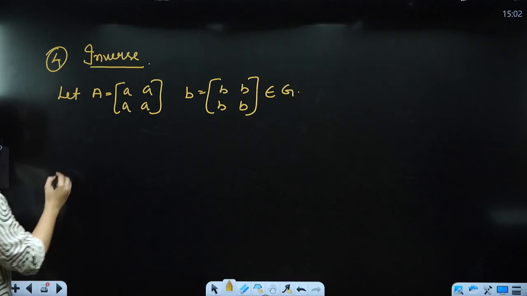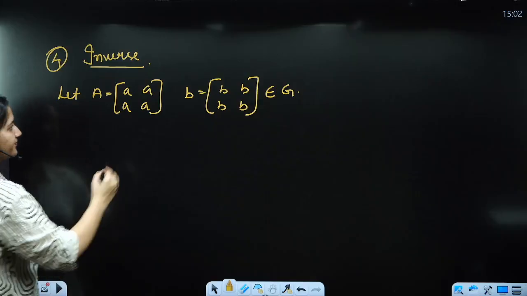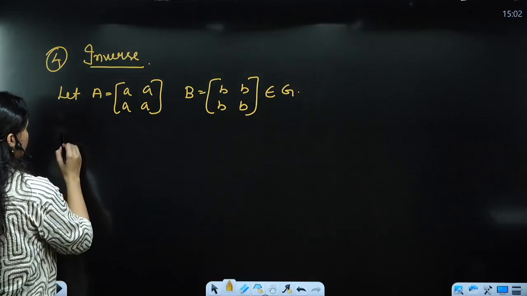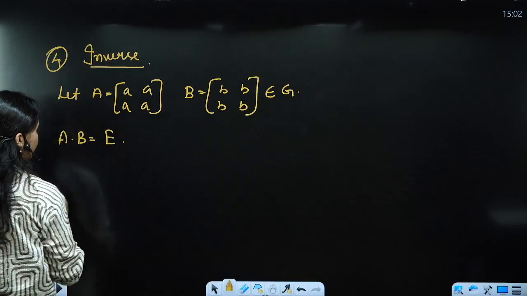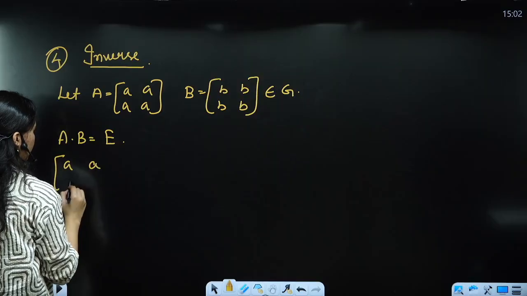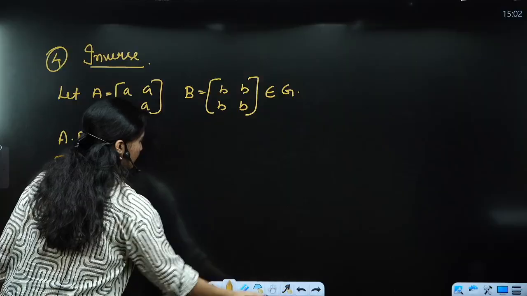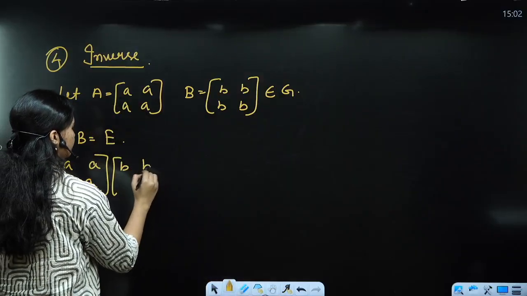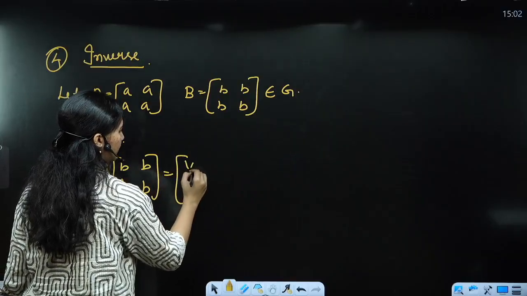Now I have to find out the value of B such that A dot B equals to the identity element.